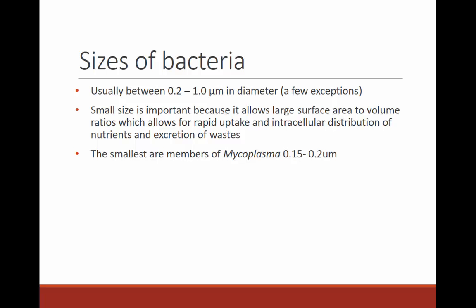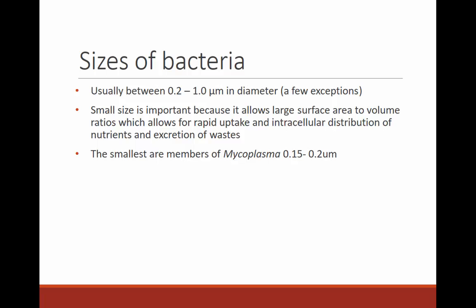But the size of bacteria, why we need that compound microscope, they're typically quite small. So between 0.2 and 1 micron in diameter. There are a few exceptions which we'll be looking at a bit later. And the reason that they're so small is that means that they've got a large surface area to volume ratio, and that allows rapid uptake of nutrients.